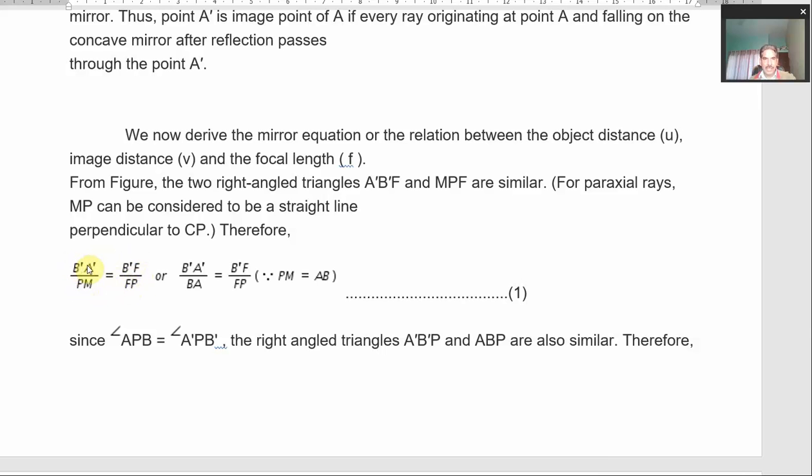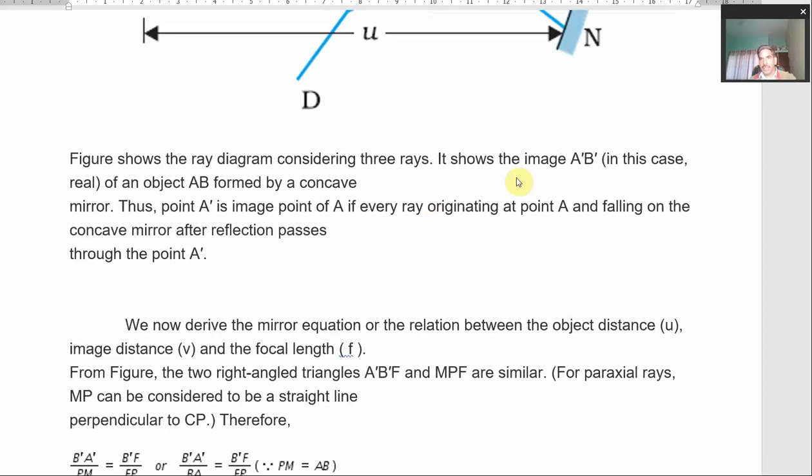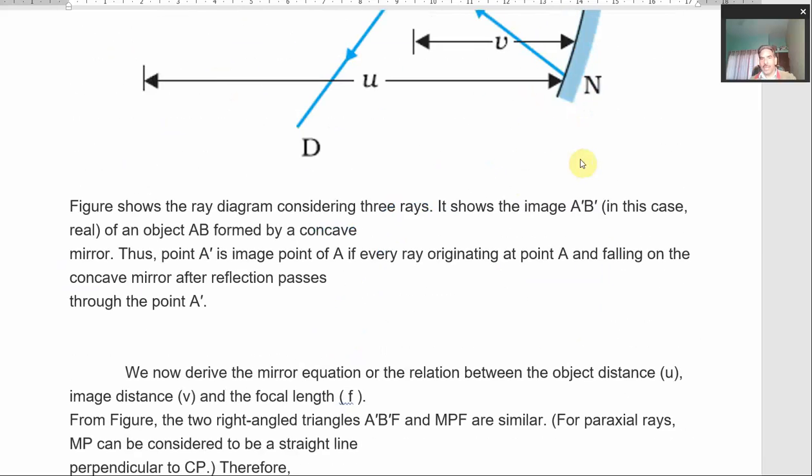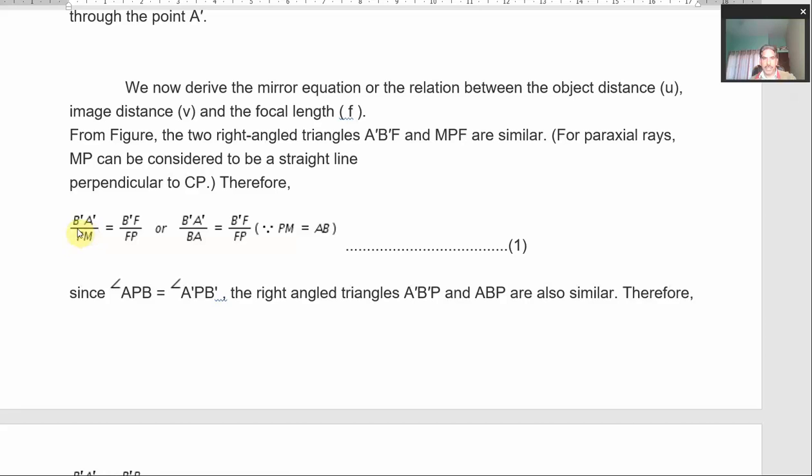Here A'B' divided by PM is equal to B'F upon FP, right? Here PM is nearly equal to AB, so in place of PM we are writing AB. We give this as equation number 1.